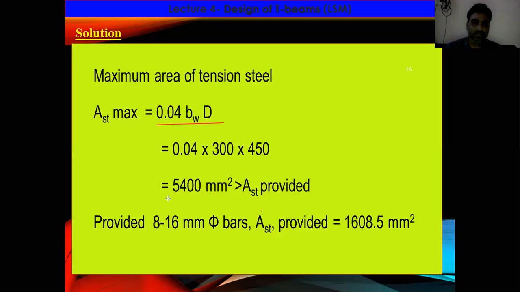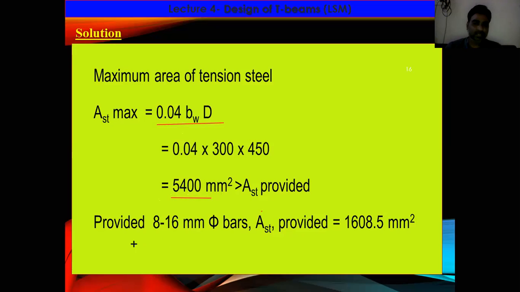And here I got the maximum tension reinforcement as 5400, and this is greater than the area provided or required. So therefore, both conditions are satisfied, and I can provide the area of steel I got from the bending moment equation.